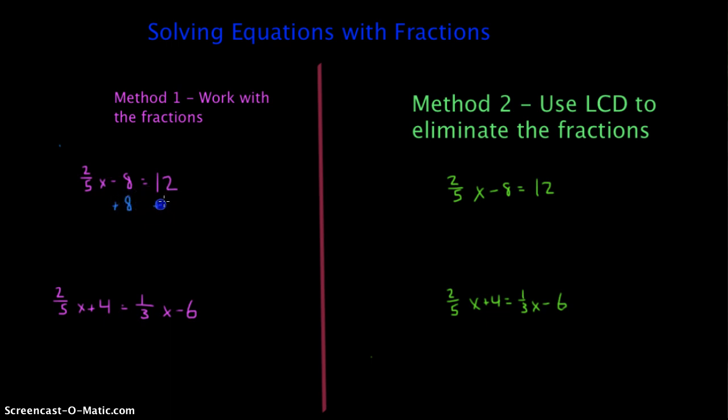And let's see where I am. Okay, I've added 8 to both sides, and these cancel out. So that leaves me here. I know that 2/5 of x is equal to 12 plus 8, which is 20.